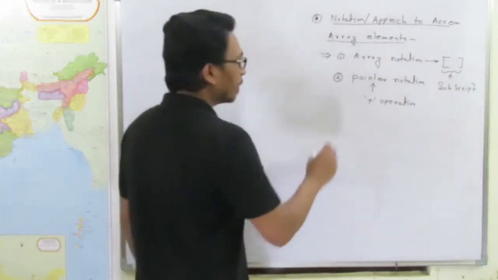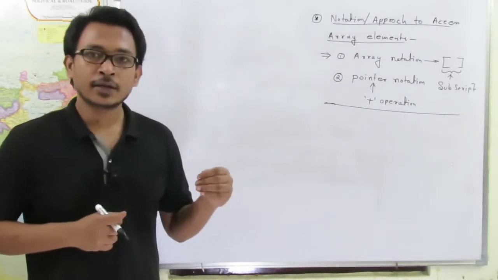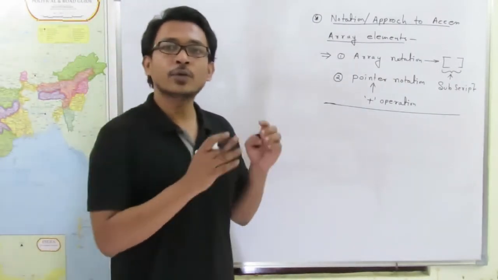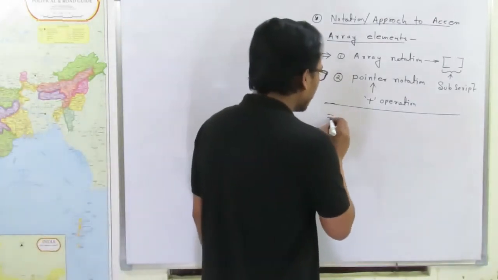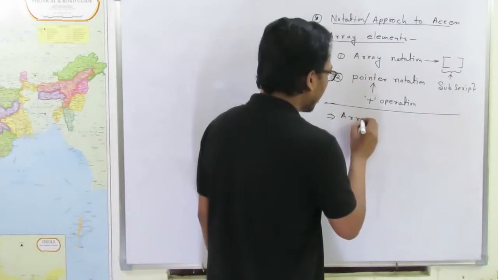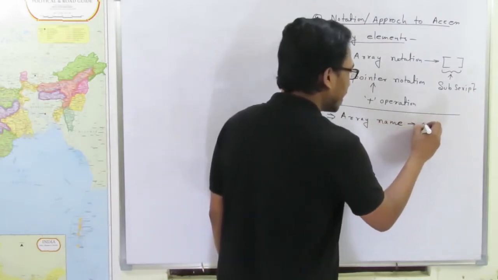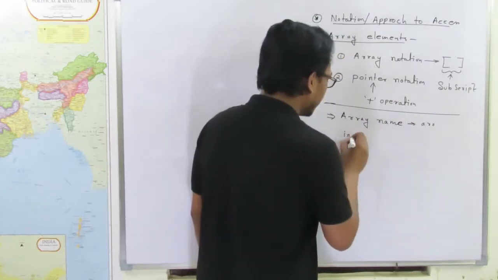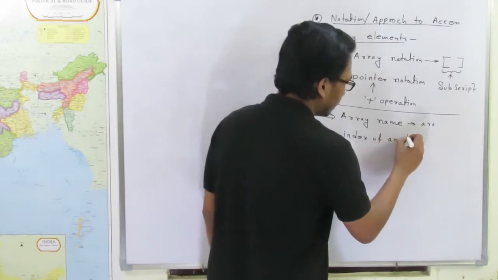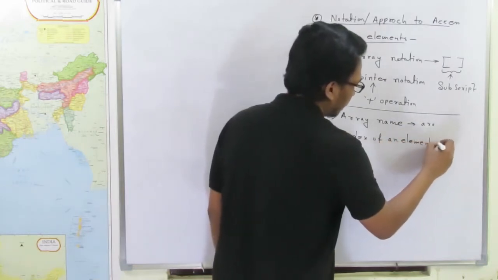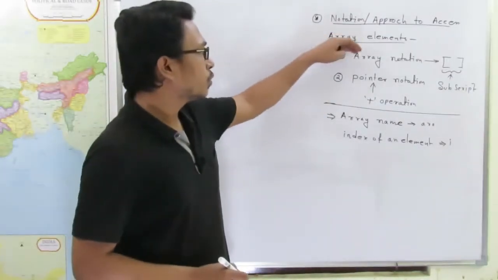Clear? Now look, in an array how do we represent each element? We represent each element with the help of the index of the array. Clear? So let's say the array name is ARR and the index of an element is I. Now how can we use these two notations?